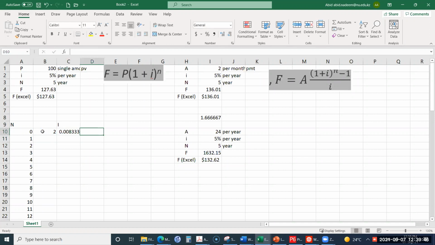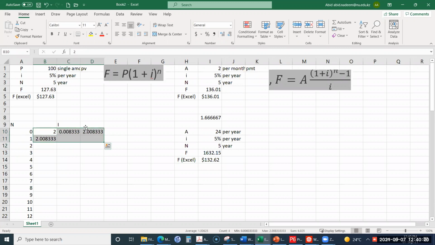So now after earning the interest, the amount will become this plus this, 2.008. So this will be at the end of the first period.